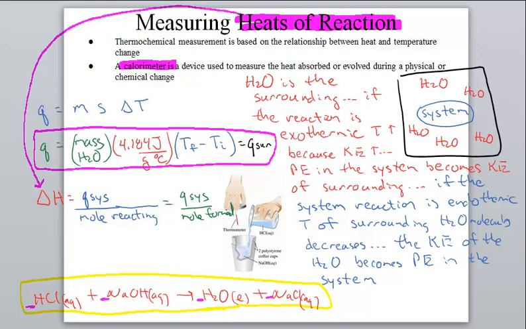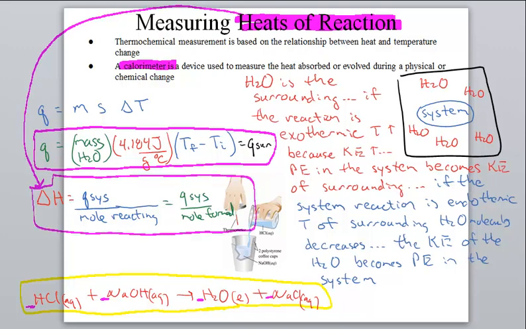And we also have to experimentally figure out how much is actually reacting. And also remember the one last relationship: Q of the system equals negative Q of the surroundings. One's positive, one's negative. We assume all the energy that flows from the system goes to the surroundings, or vice versa. It's the same number, but one's positive, one's negative.